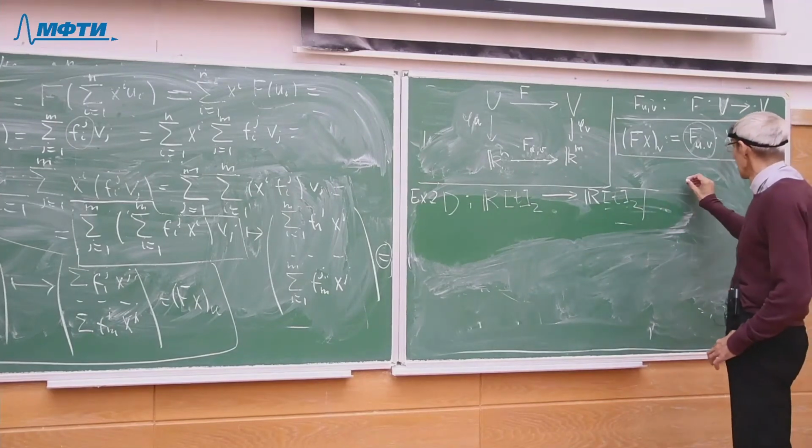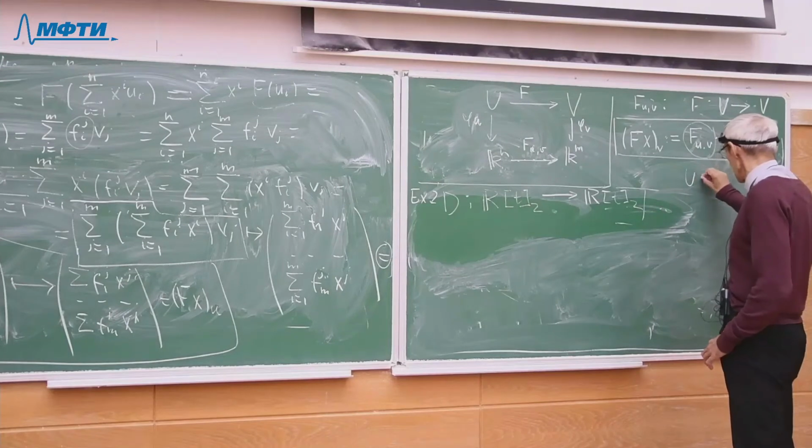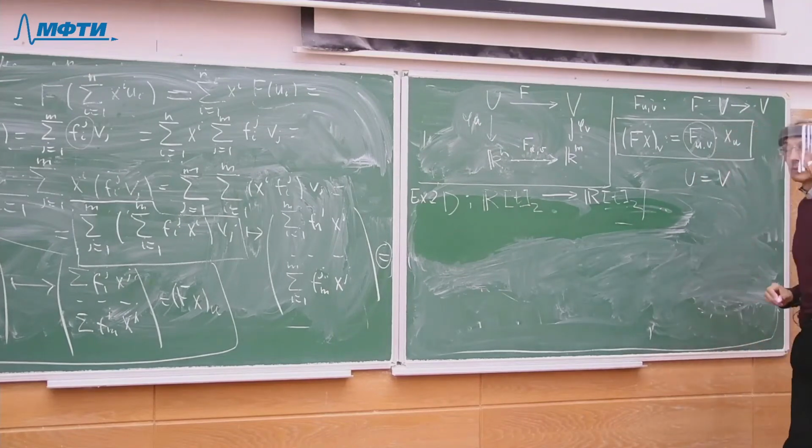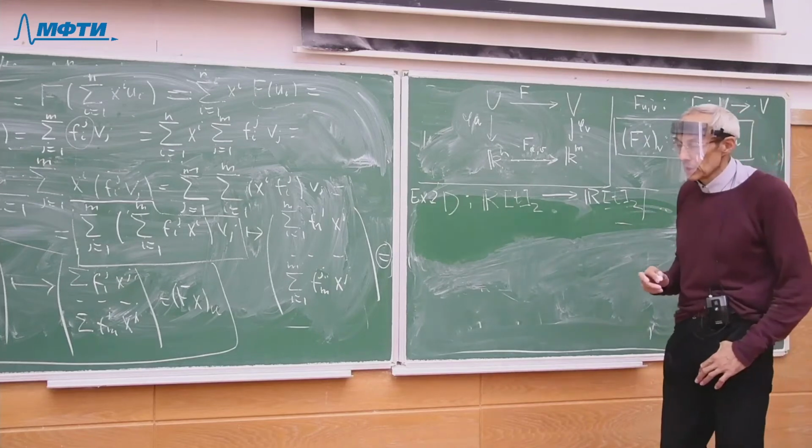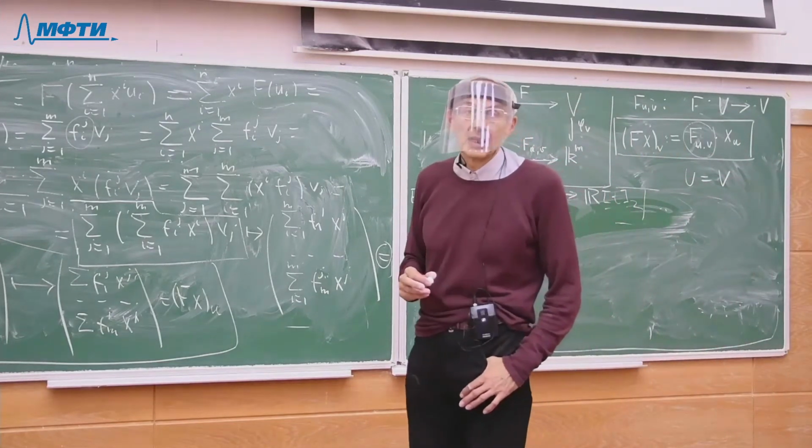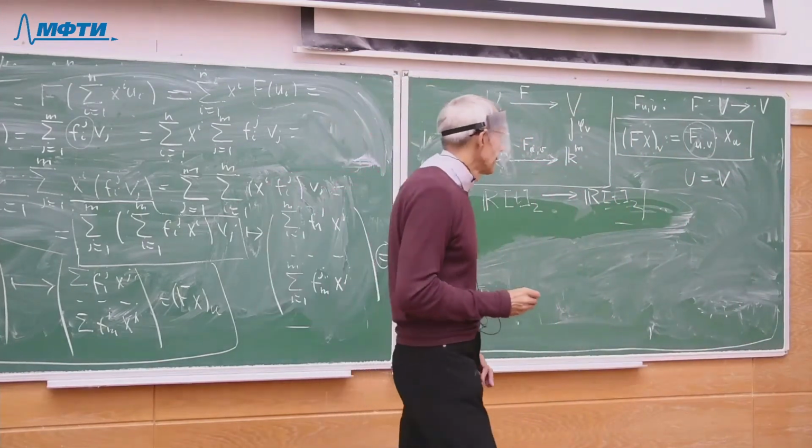If the vector spaces U and V coincide, the linear transformation is called a linear operator.